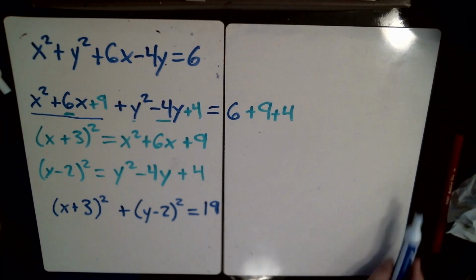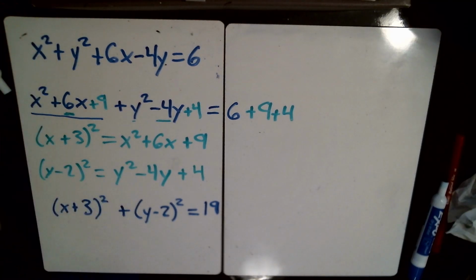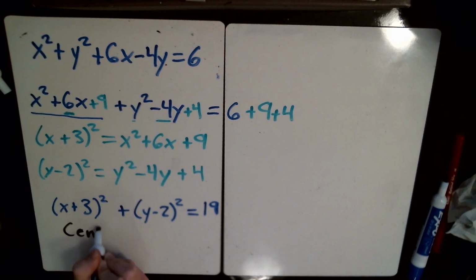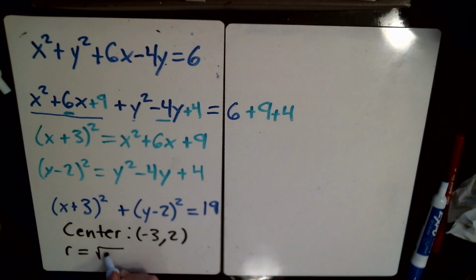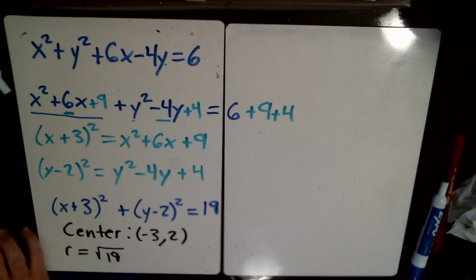We can see the center in there, right? The center of this circle is at (-3, 2). And the radius is the square root of 19, right? The square root of 19, I'm not sure what that is as a decimal.